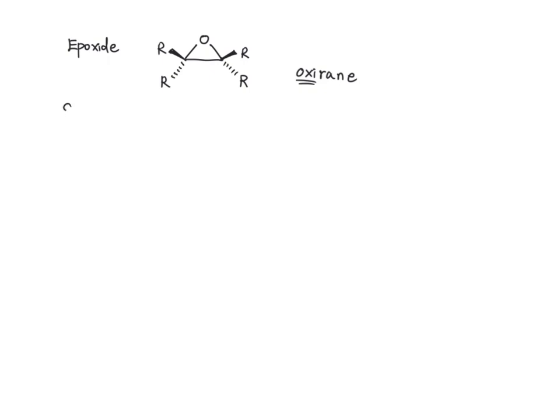If we look at the systematic naming, there are two ways to name it. Way 1: for example, take this epoxide molecule here, and I have 2 methyl groups. In way 1, the parent chain is oxirane.